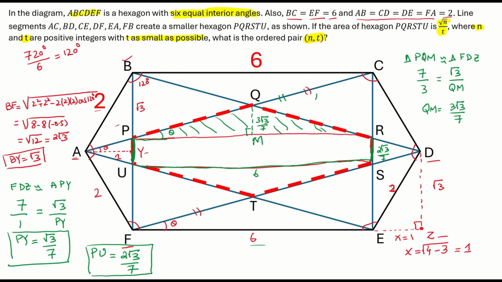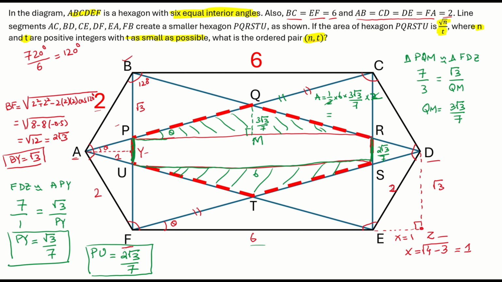That will be equal to half times 6 times 3 root 3 over 7, and since we have 2 of these, I can multiply it by 2 to get both the areas of the triangles.